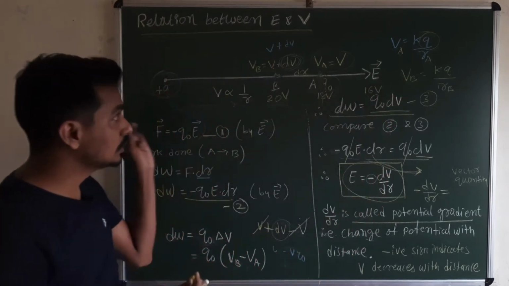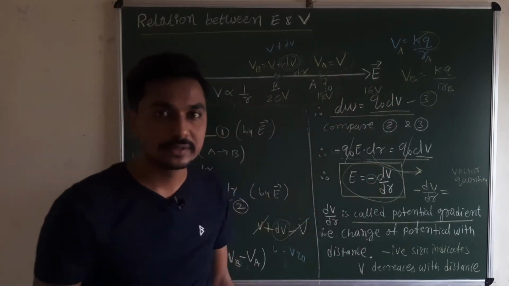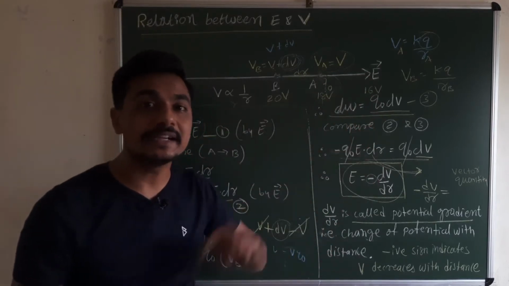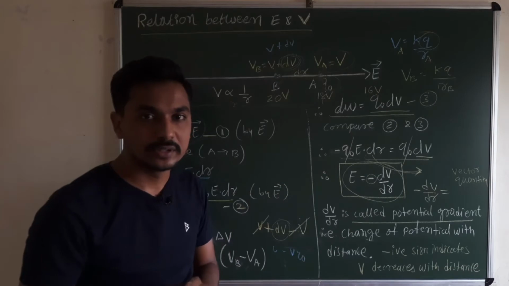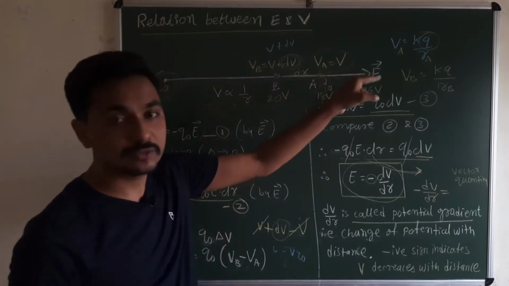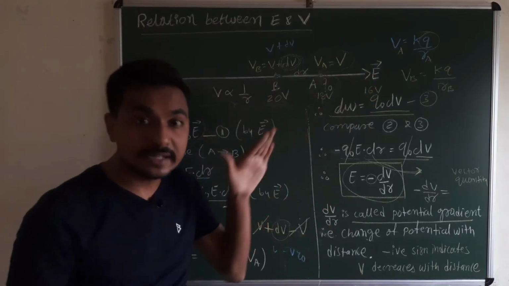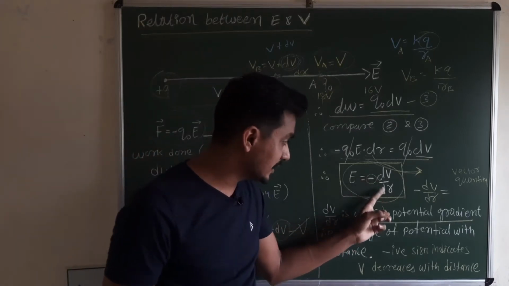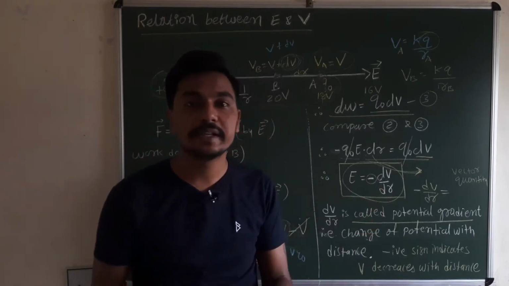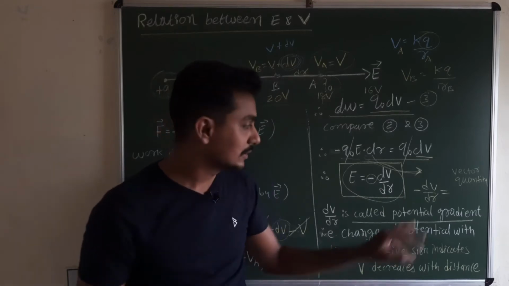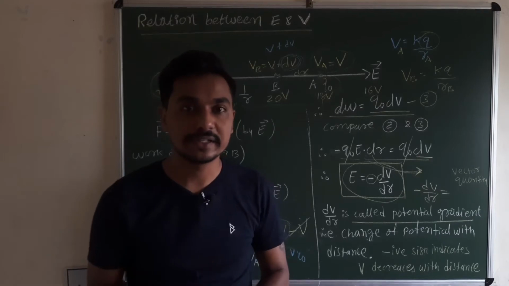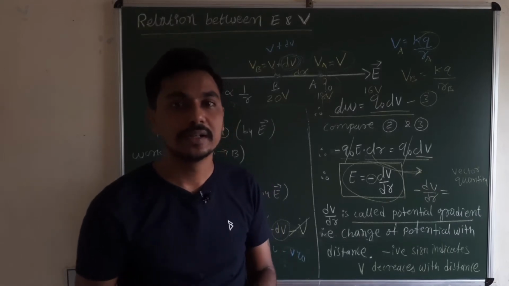So as you move far away from the charge, that is in the direction of the electric field, the potential decreases with the distance. So minus dV by dr is termed as the negative of the potential gradient.